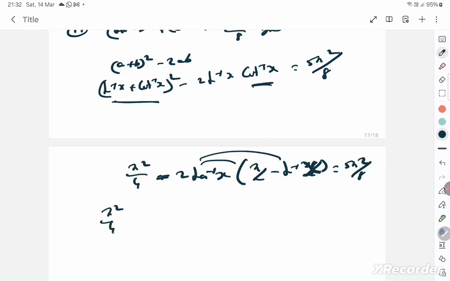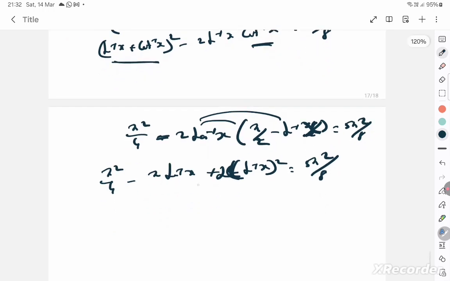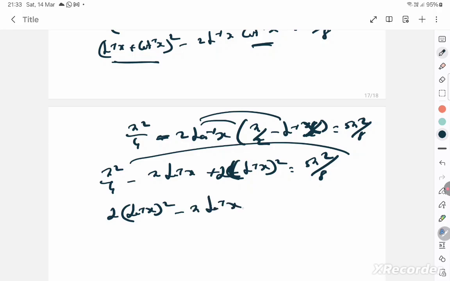So you can take it inside and solve this. It's pi square by 4 minus 2 and 2 will get cancelled, pi tan inverse of x plus 2 tan inverse of x the whole square, equal to 5 pi square by 8. Taking this to the other side, 2 tan inverse of x the whole square minus pi tan inverse of x is equal to 5 pi square by 8 minus pi square by 4.